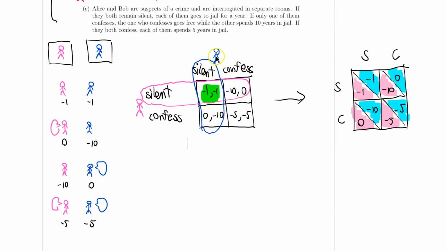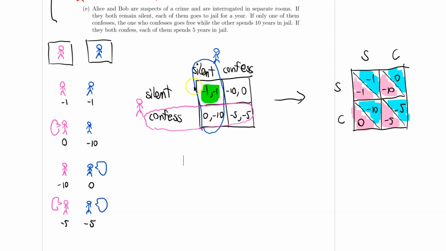If we put ourselves in Alice's shoes first, Alice thinks, if Bob remains silent, then maybe I should change my mind and confess. If Bob remains silent and I also remain silent, I go to jail for 1 year. But if I confess, I go free immediately. So if Bob remains silent, there's no need for me to remain silent. I should just confess and go free.